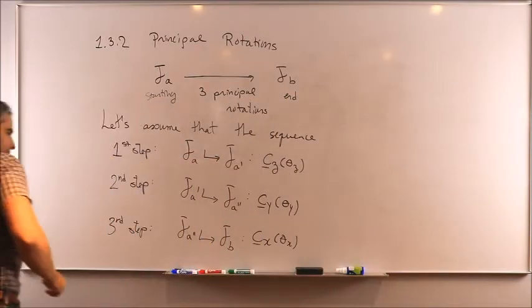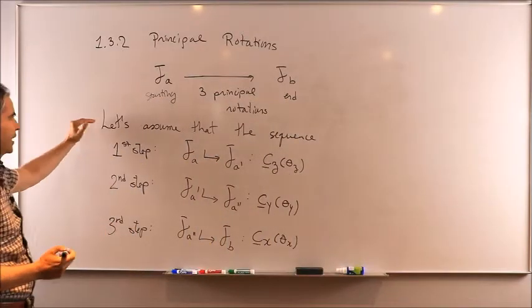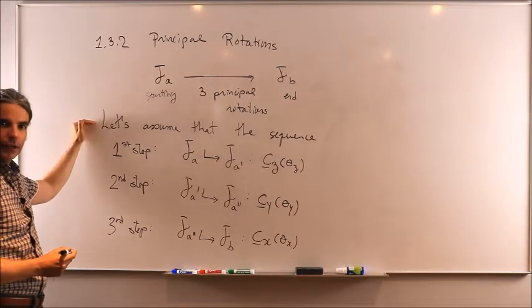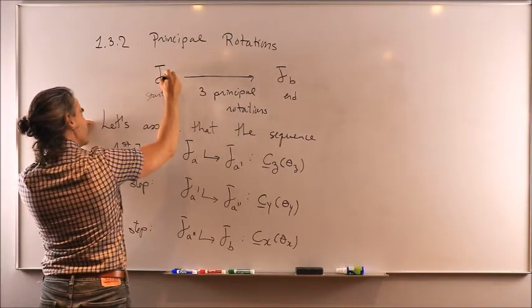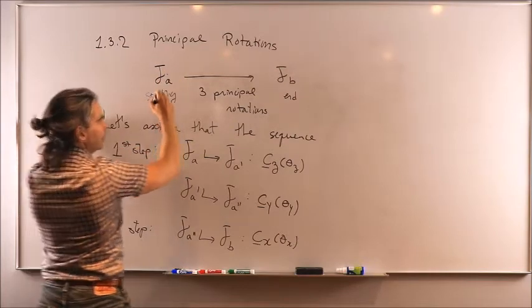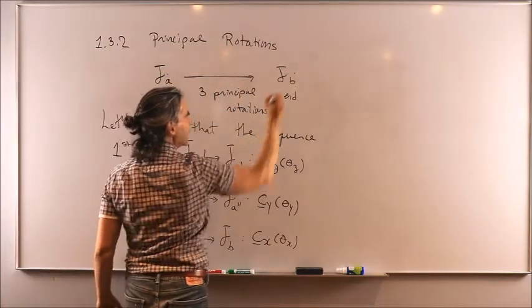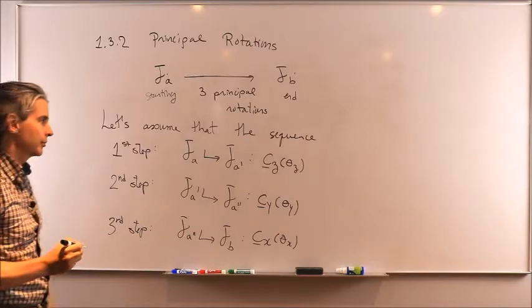Now that's all good, but how does that help us calculate the rotation matrix that relates the initial reference frame, FA, all the way to the end reference frame, which is the B reference frame?